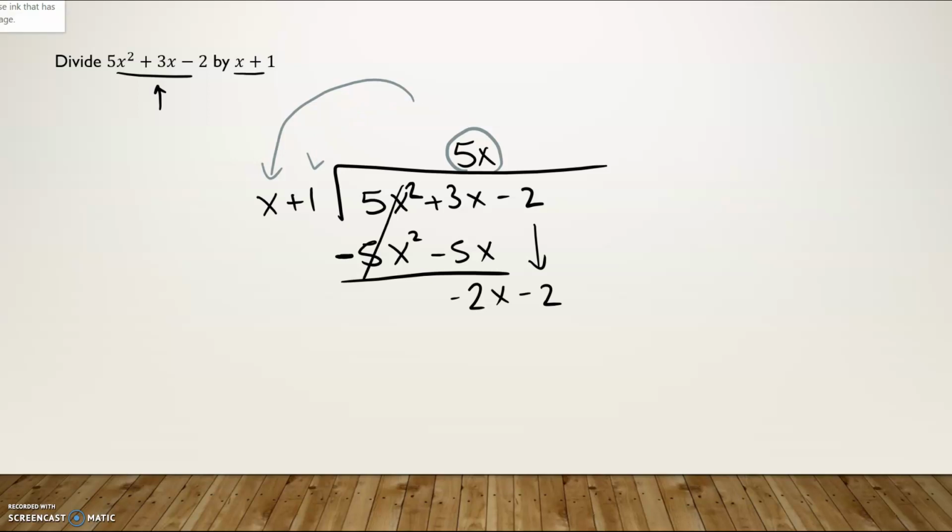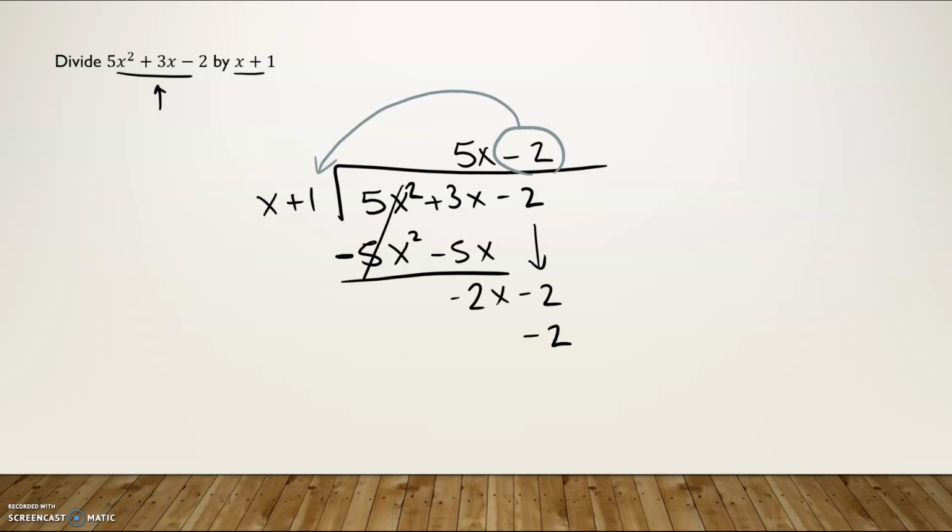Okay, so now what I want to do is make this and this look exactly the same. The only thing I'm missing is a negative 2, so if I multiply times the negative 2, they should look exactly the same. So I'm going to take the negative 2 and multiply it times 1, and that will give me a negative 2.